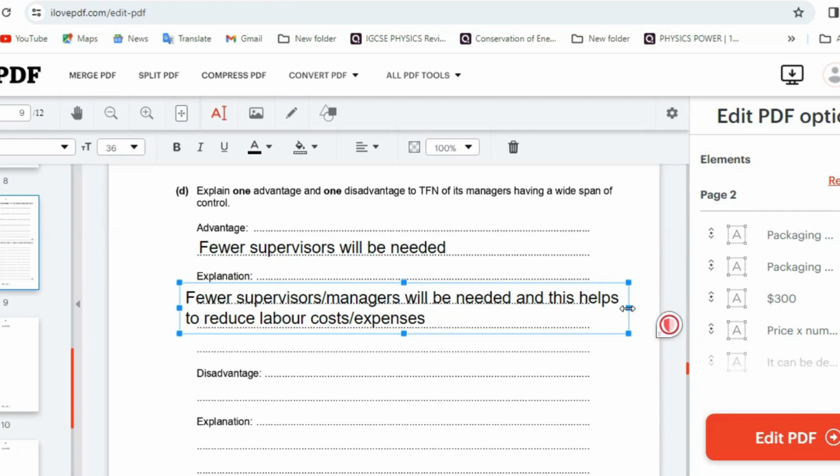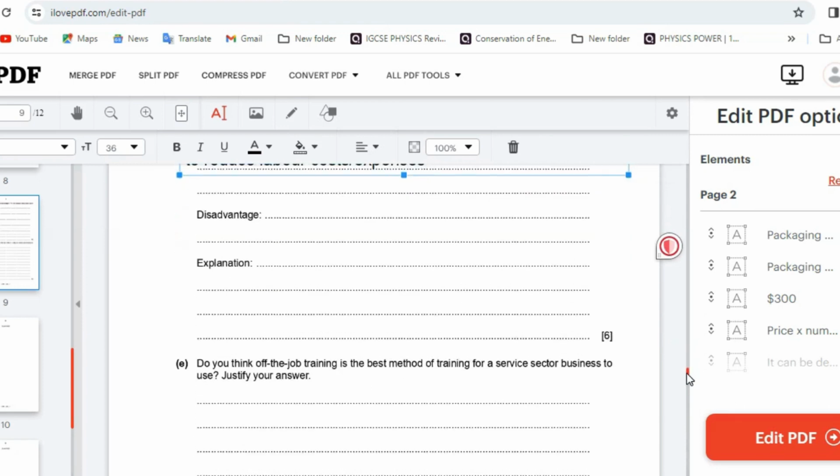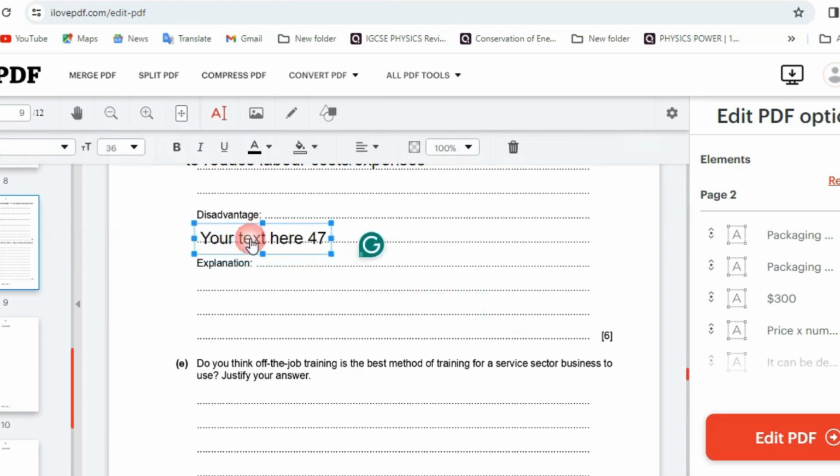Of course, having a wide span of control, you have faster communication that will lead to quicker or better decisions in the 37 shops. Let's see the disadvantage. One of the disadvantages is less control. Let's try and type that out also.